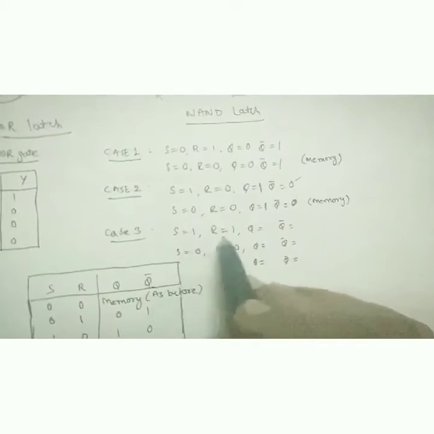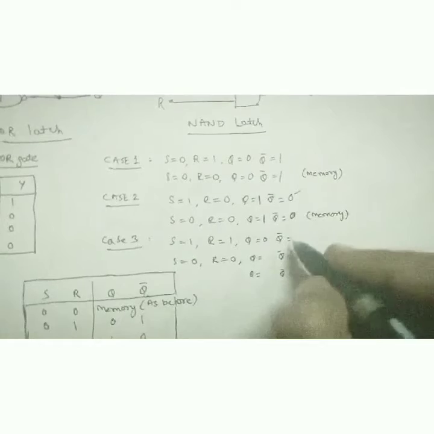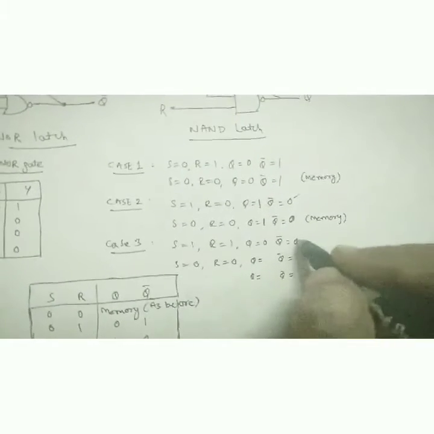So when both S and R are made 1, it tries to make Q equal to 0 and Q bar also equal to 0.